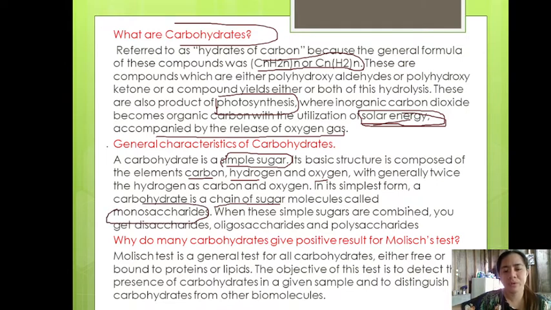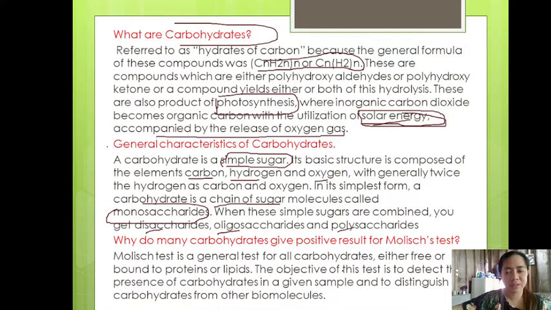When these simple sugars are combined, you get disaccharides, oligosaccharides, and polysaccharides. Okay. Why do many carbohydrates give a positive result for the Molisch test? The Molisch test is a general test for all carbohydrates, either free or bound to protein or lipids.